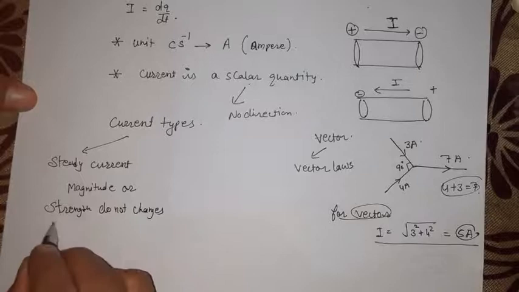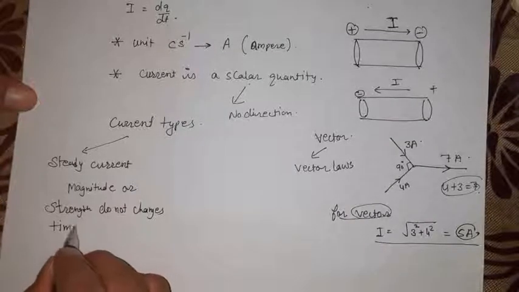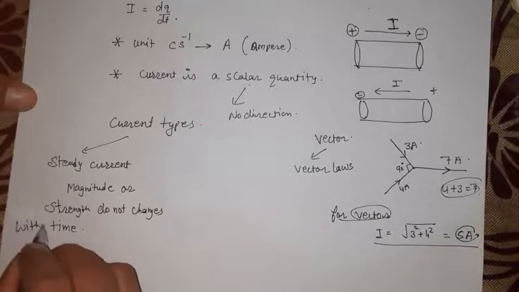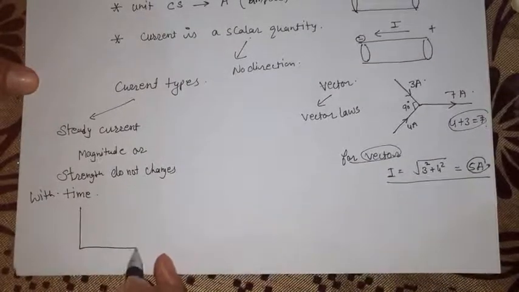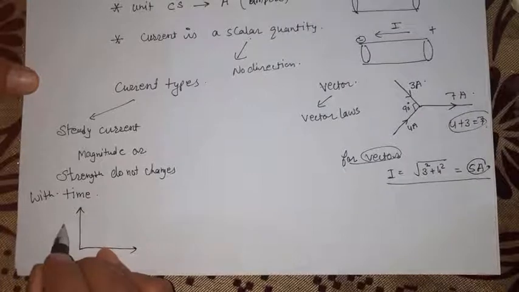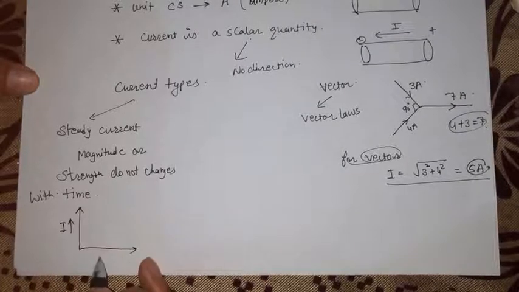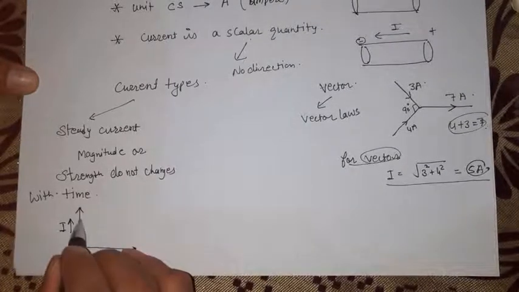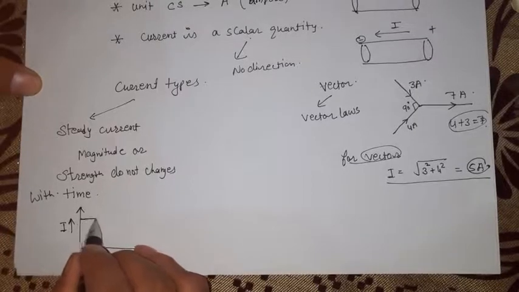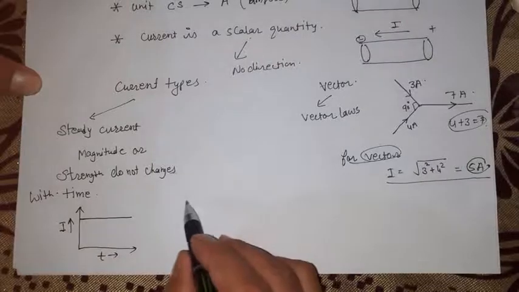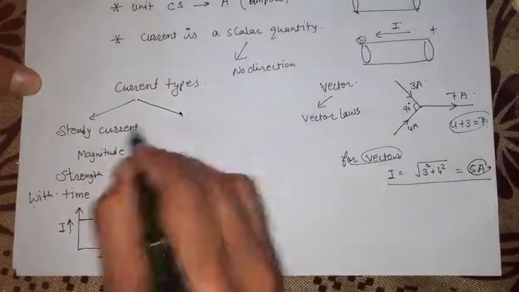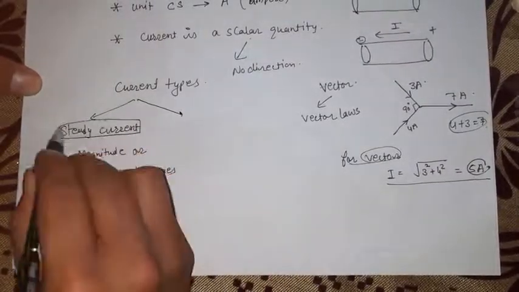Graphically, we can draw it this way: this side is current and this side is time. We find that time goes on, but the current value stays the same. This is the first type we have discussed.